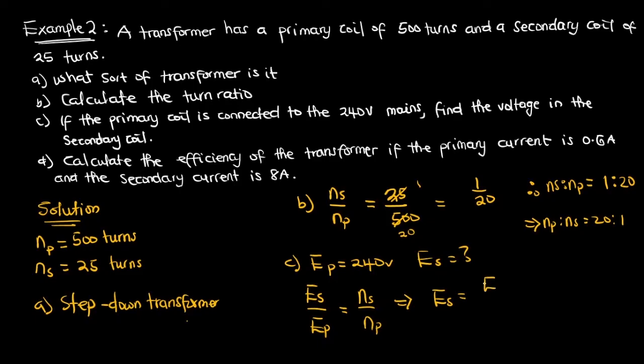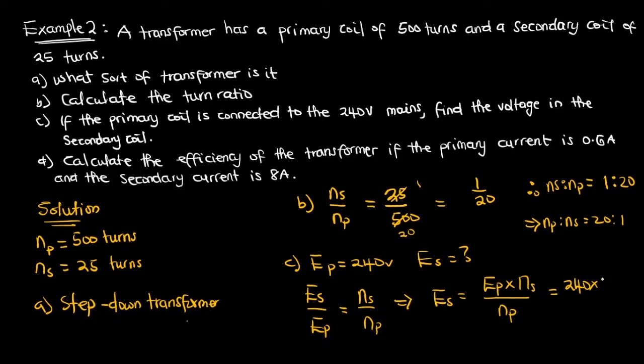So we'll have EP multiplied by NS, this and this. So we'll divide it by NP. So that is it. So this will be equal to our EP, which is 240 volts, multiplied by the number of turns in the secondary, which in terms of ratio, the NS is 1.